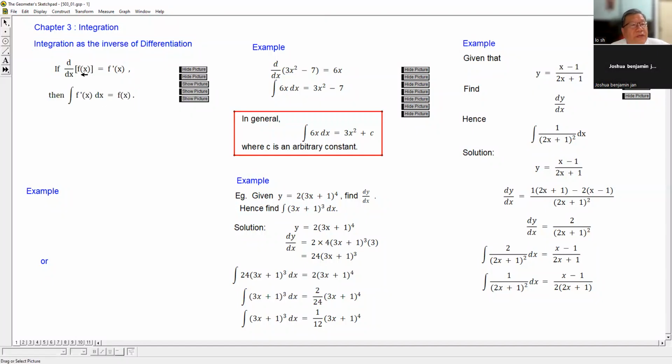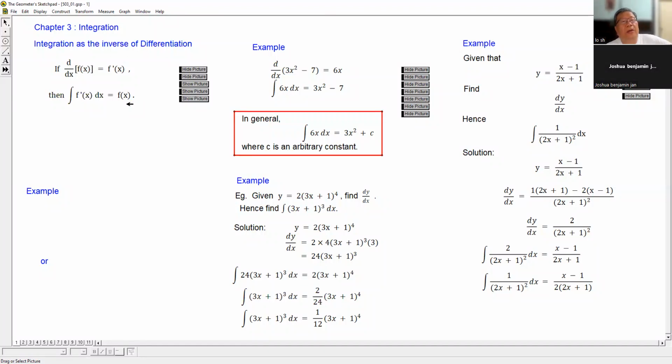Now, if you differentiate fx, you get f prime x. So you integrate. This is the integration sign. If you integrate f prime x, you should get back your fx. That is the meaning of integration. It means you integrate, you get back the original function. Okay or not? Okay.